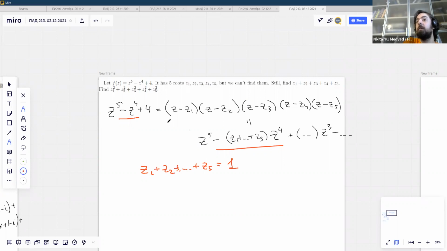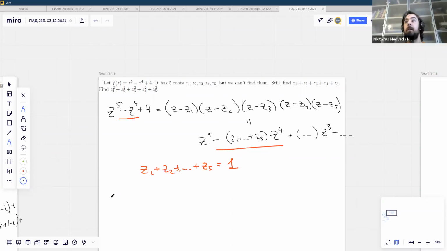This coefficient equals this coefficient minus, the sum is minus 1. Is it clear? Yes.